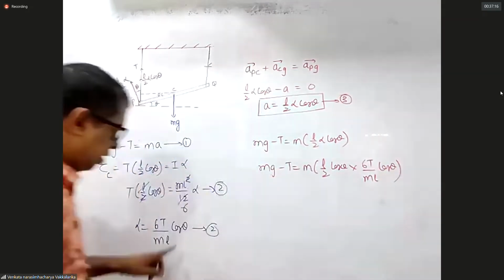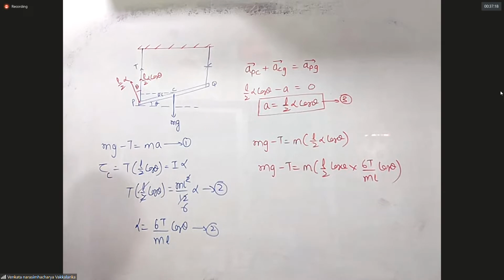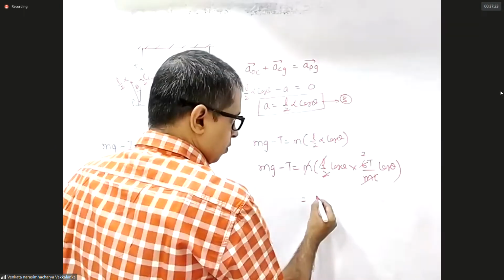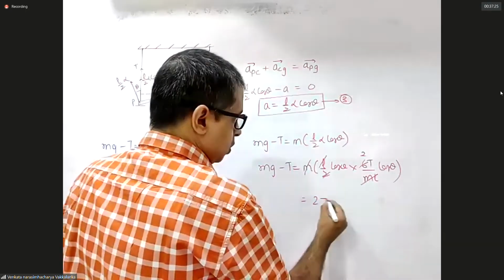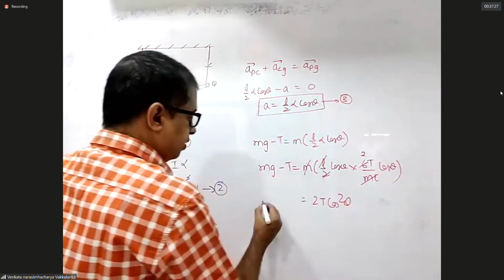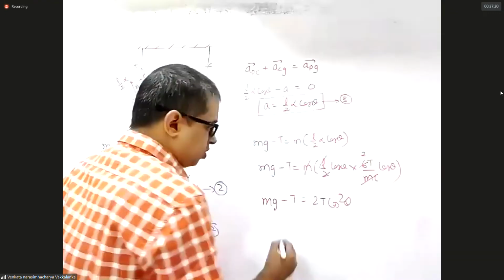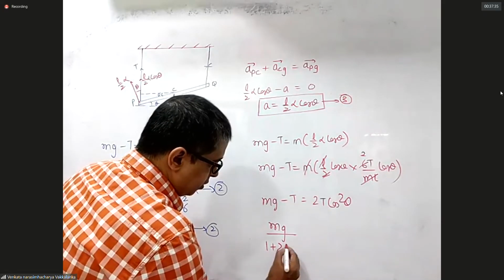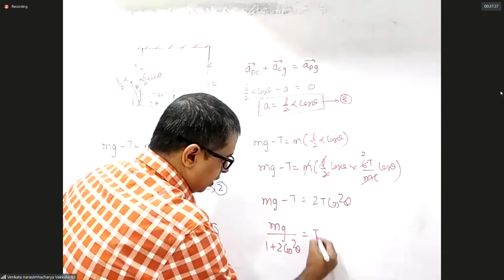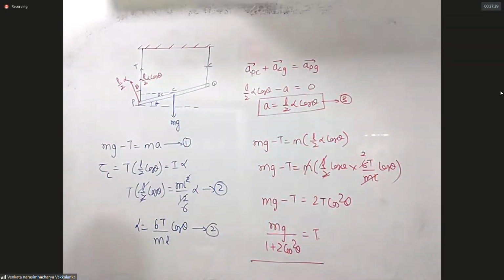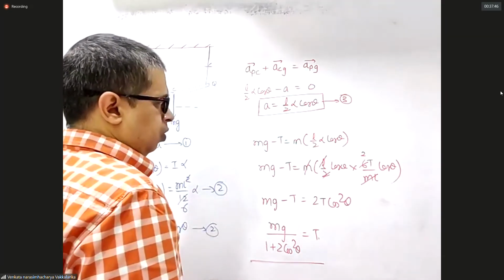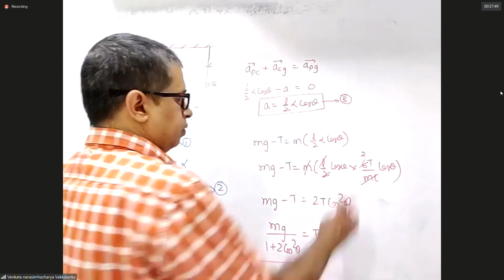So mg minus T equals 3T cos square theta, and mg by 1 plus 3 cos square theta is T. Is my calculation correct? Should it be 3 cos square theta? Yes, 2 divided by 6 will be 3T, so I wrote 6, not 4, right?